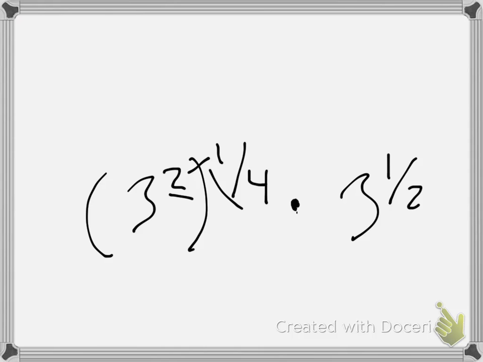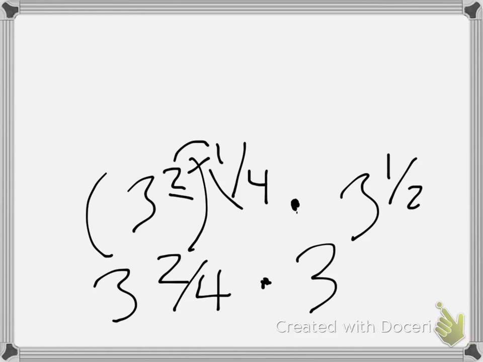And when you multiply those, you're going to get 3 to the 2 times 1 over 4, so you're still going to have 3 raised to the 2 over 4, and then you're going to have 3 to the 1/2 right here.